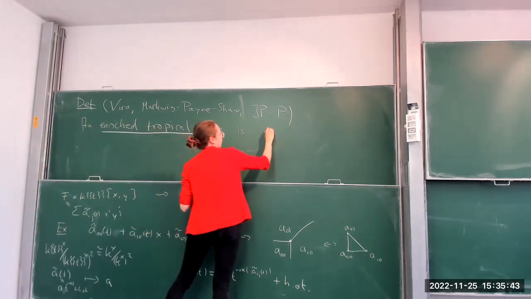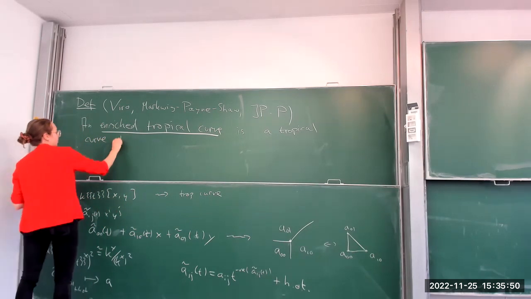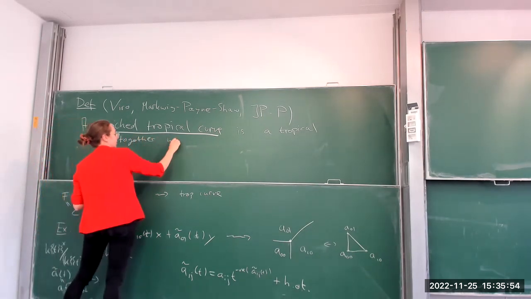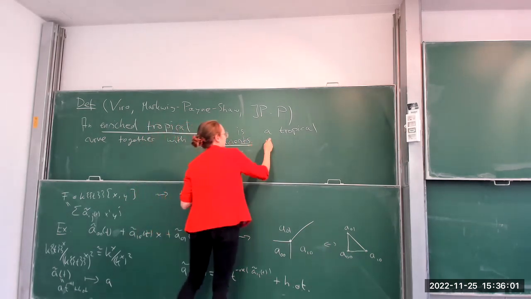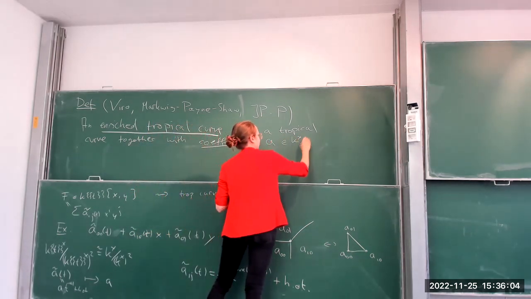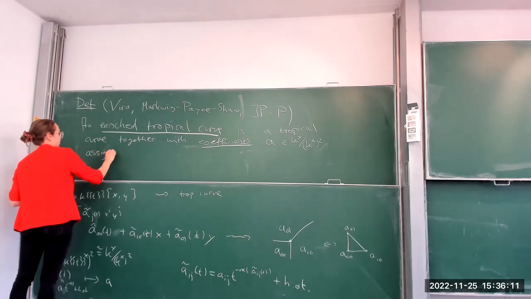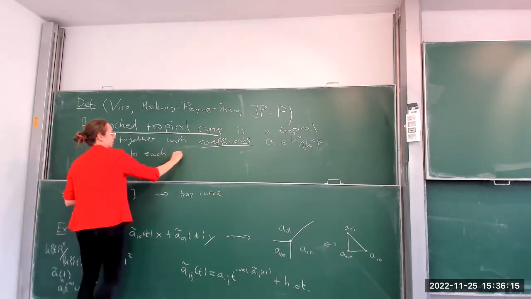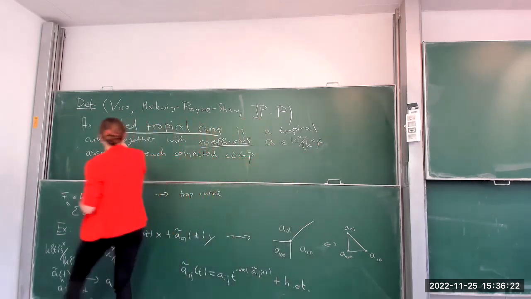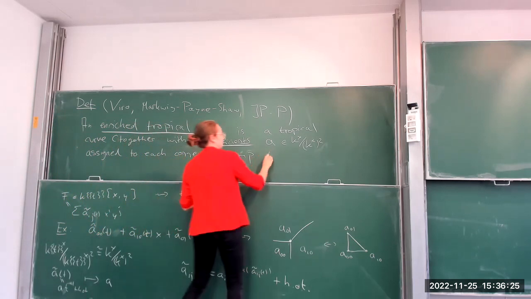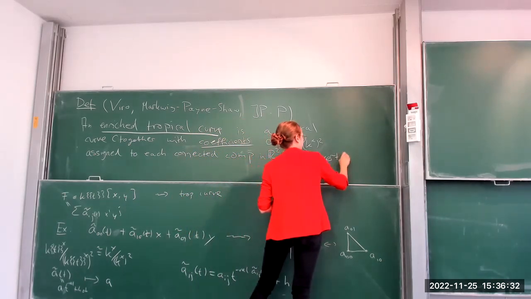It is a tropical curve together with coefficients a, which I also want to make part of the definition, assigned to each connected component of the complement, let's say the tropical curve is called C, so each component of R2 minus C, or alternatively to each vertex in the dual subdivision.